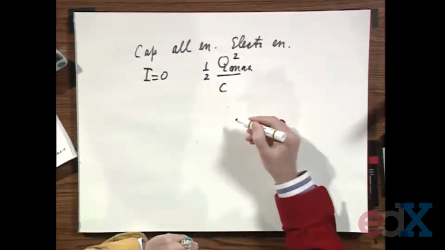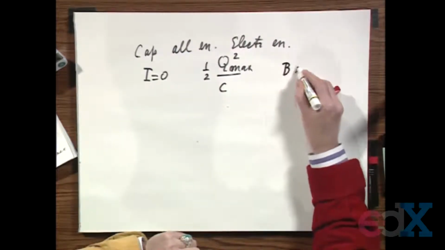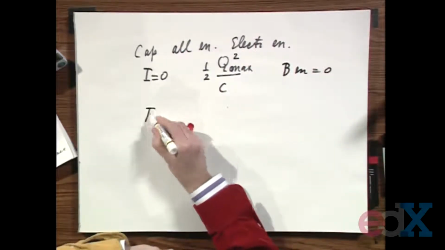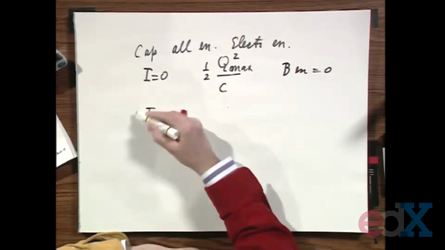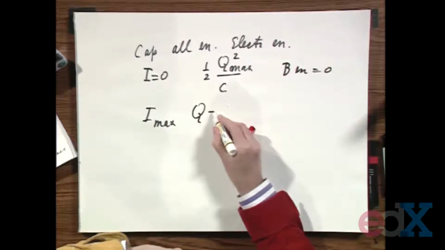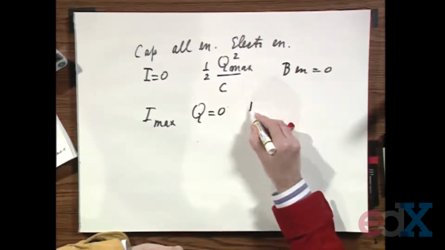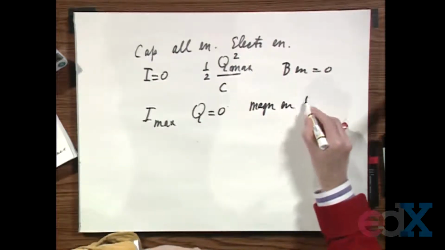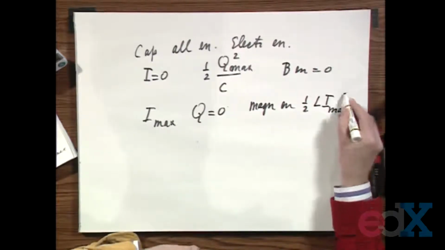Everything is in electric energy, and the energy in L, magnetic energy, equals 0. Then there comes a time that I reaches a maximum, which again dies out, the maximum decays, and then Q on the capacitor is 0, and all the energy is in terms of magnetic energy. There's no electric energy, and that equals 1/2 L times I max squared.